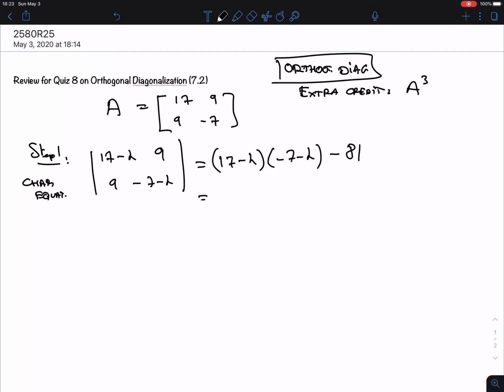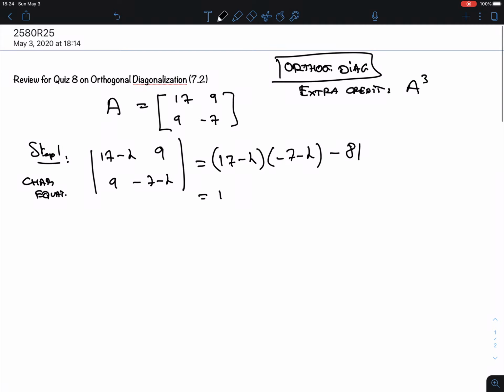Now, as I said, the numbers are a little bit big, so we have to multiply them. 17 times minus 7, so I'm expanding, that is minus 119.